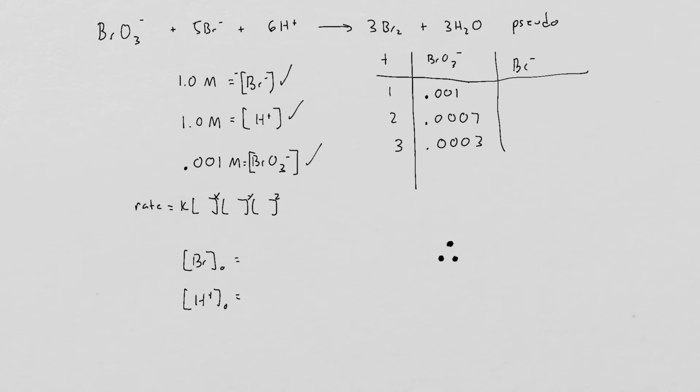And the reason why I could do that without even thinking is this. There's the Br minus I'm putting in there. There's the H plus. I'll put it in there, right? They're starting at 1.0 and 1.0. Look at the sig figs here. Essentially, from time 1 to time 2, the concentration of the bromate ion went down by 0.0003.